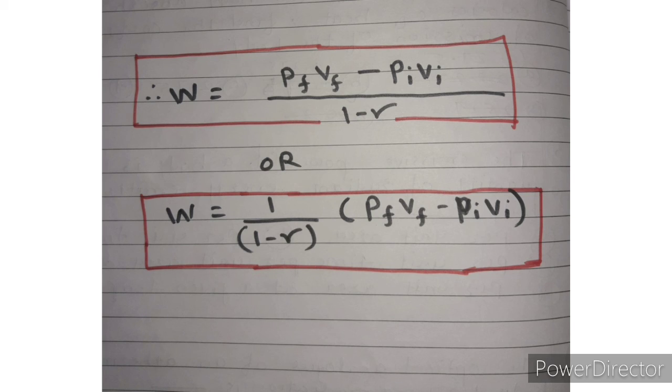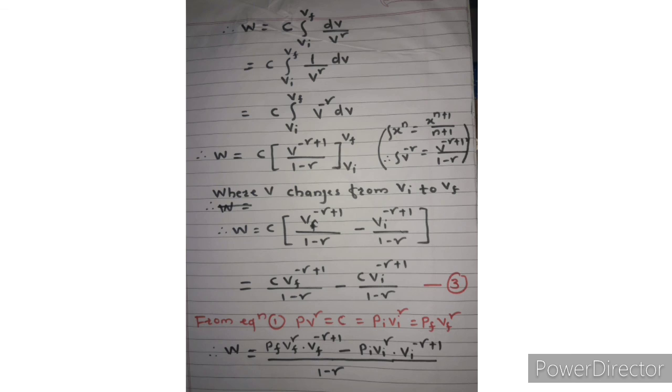Therefore the final equation is W is equal to, here Vf raised to gamma into Vf raised to minus gamma cancel. Therefore Pf into Vf minus, here also Vi raised to gamma into Vi raised to minus gamma cancel.